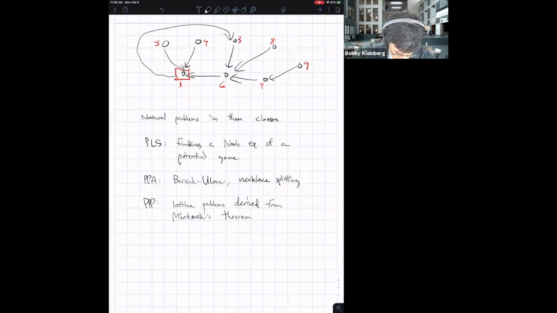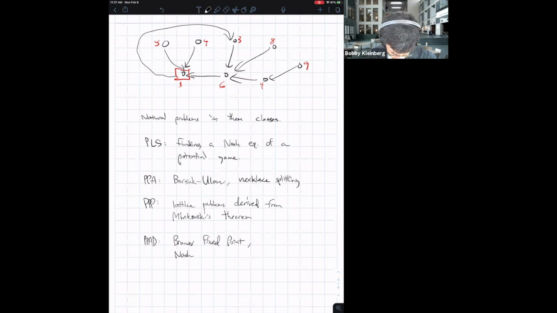And in all of these cases, the problems that I've written down here have been shown complete for the respective classes. Oh, PPAD, I didn't talk about that. But that is the complexity class of finding fixed points of continuous functions whose existence is guaranteed by the Brouwer fixed point theorem.